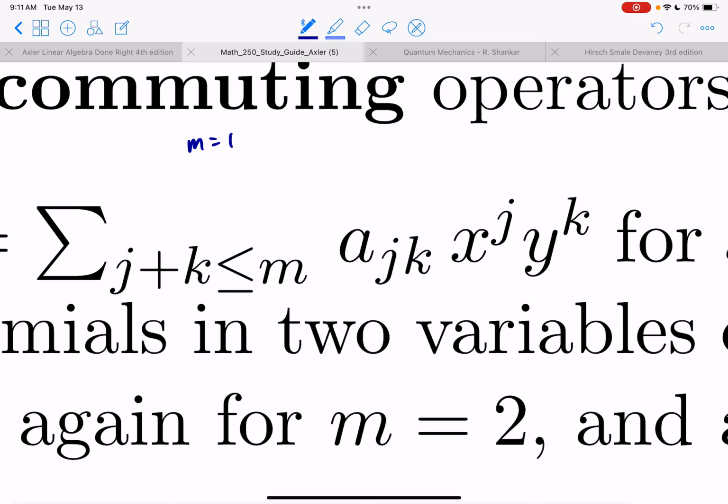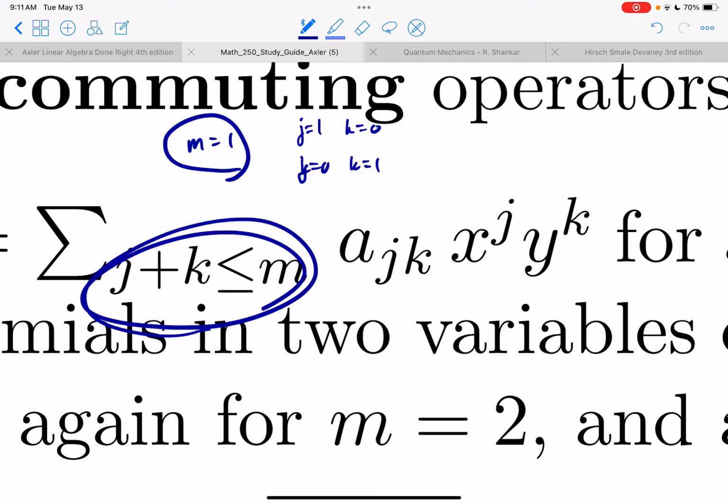These are sort of the simplest ones. So these j and k can be 0 or 1 or 2 or 3, etc. But if they're less than or equal to 1, then the only way to do that is either j equals 1, k equals 0, or j equals 0, k equals 1. So for m equals 1, this sum here has only two terms. Oh, wait.